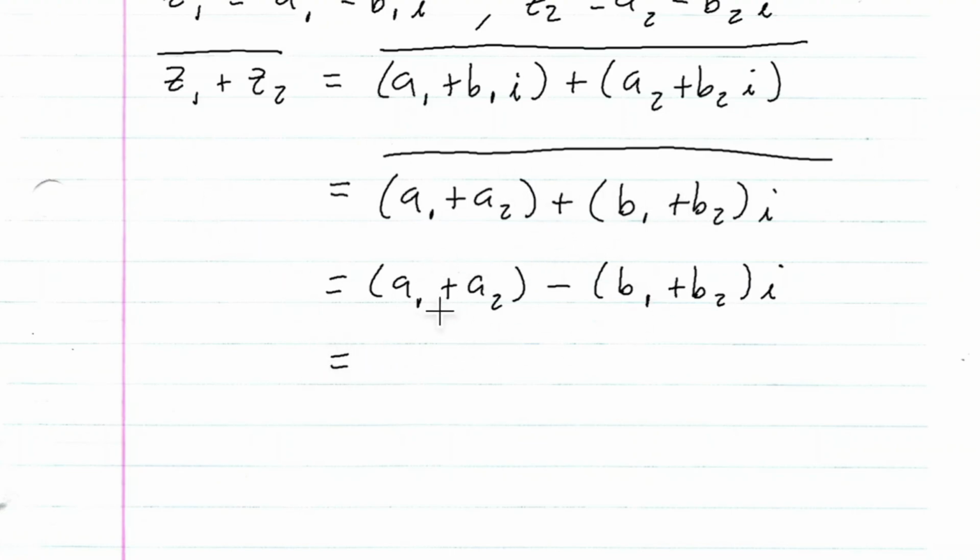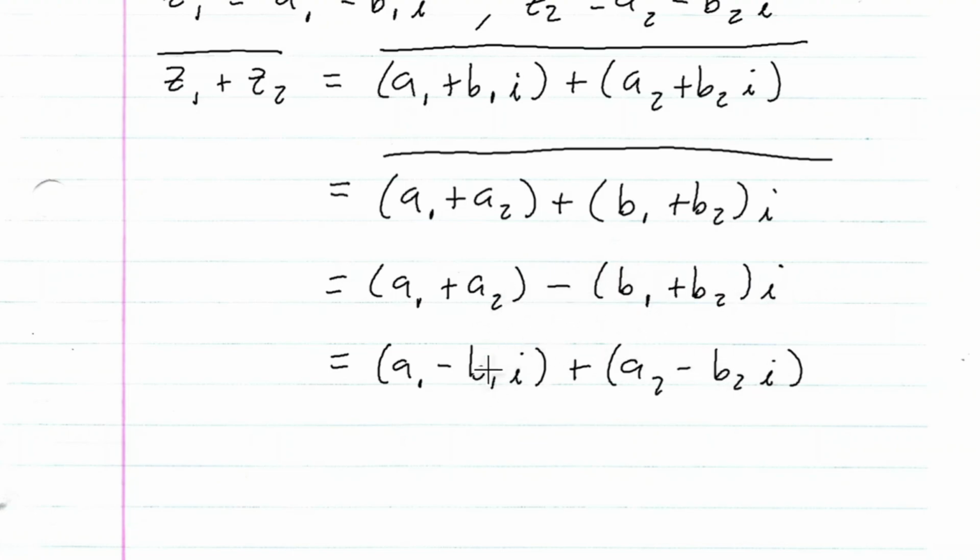Now, we have a1 minus b1i, right? Plus a2 minus b2i, right? Because minus b2 and then b2 times i would be negative b2i. Same thing for b1, right?